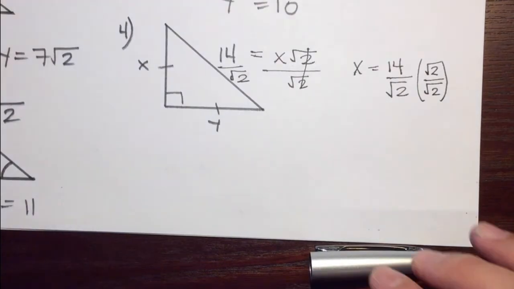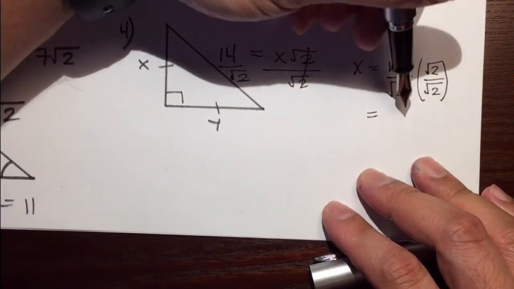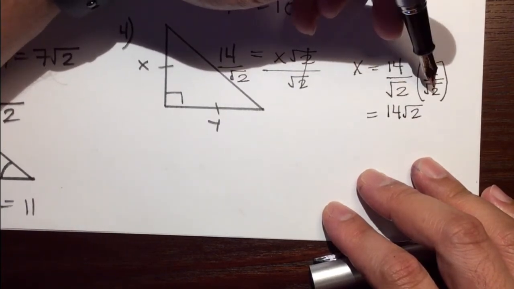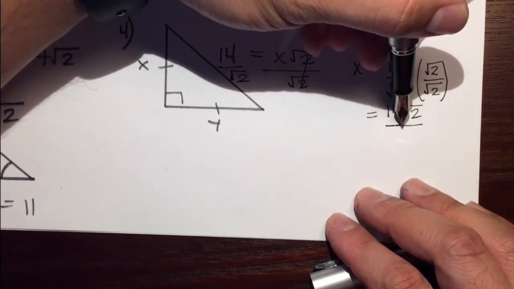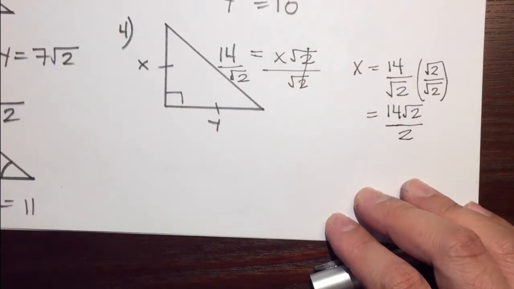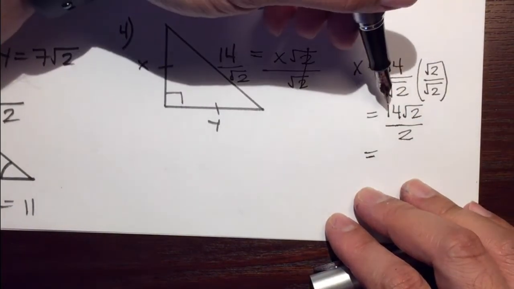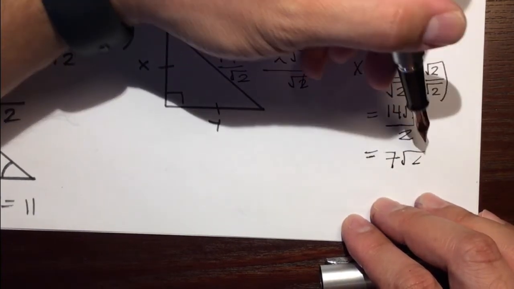But why is that helpful? It's helpful because 14 times radical 2 is 14 radical 2. Radical 2 times radical 2 is radical 4. Radical 4 is just 2. And if we simplify that, 14 divided by 2 is 7 radical 2.